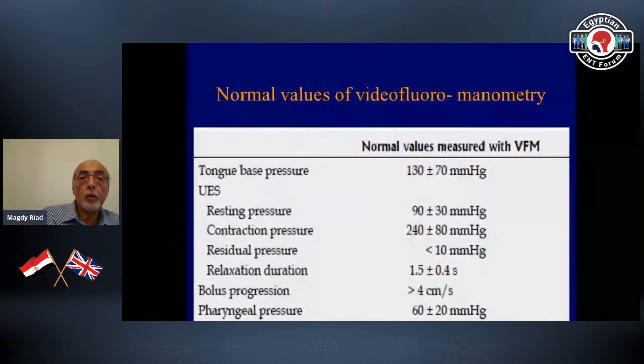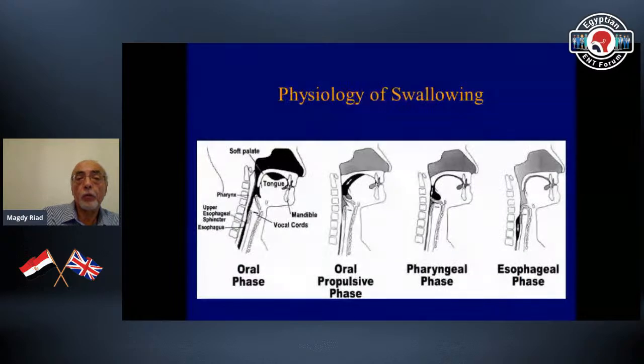Traditionally, the act of swallowing was subdivided into four different phases. Now that's useful to start understanding the process, but it's not what actually happens, because these four phases overlap considerably. And when things go wrong, it would affect them in different ways.